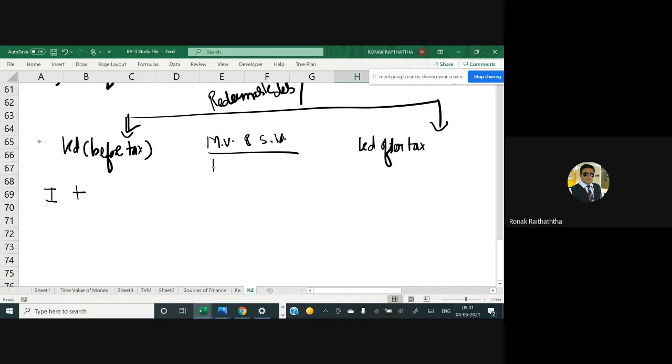Say it is 110, and the sell value you have received right now, the actual money after taking into account the flotation cost and everything, is say 98. So the company is going to spend this 12 rupees, but this 12 rupees is the cost till the maturity.